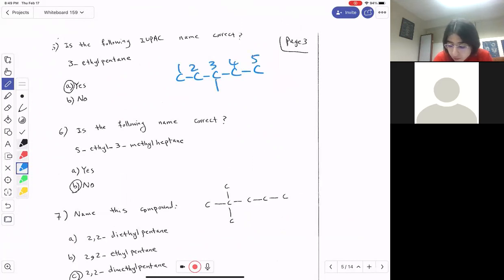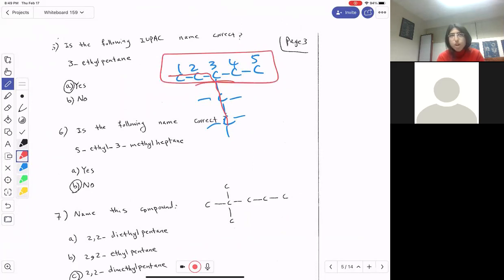The third carbon has an ethyl, which is C2H5, right? Even in the other direction, it has the same number of carbons, so this can be considered the longest chain. Either direction we go, we encounter the third carbon. So this name is correct.